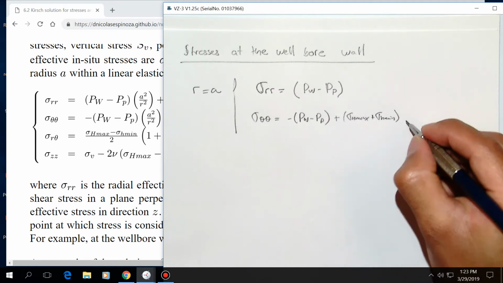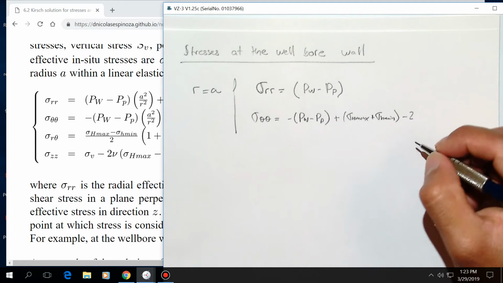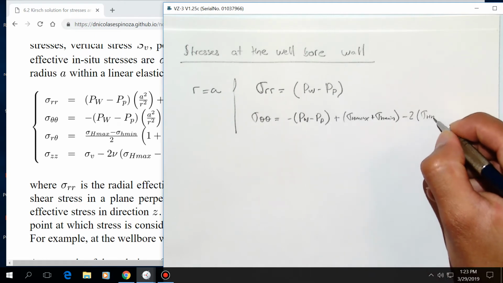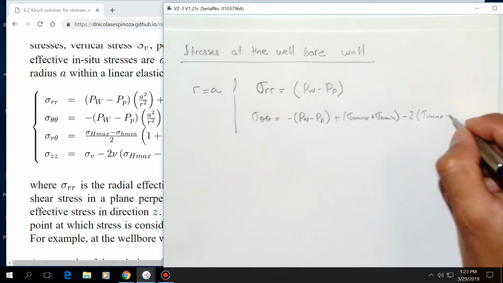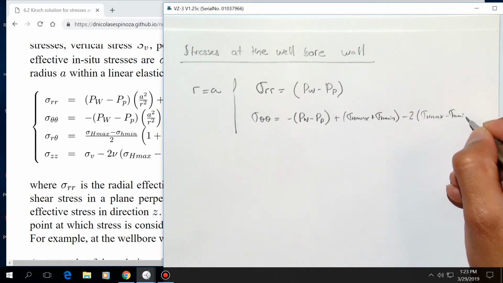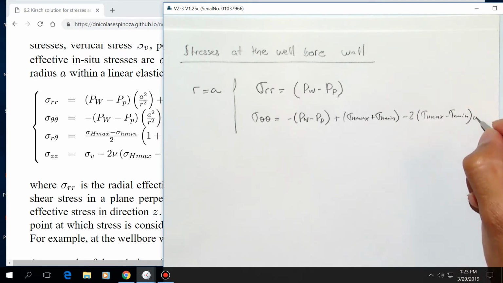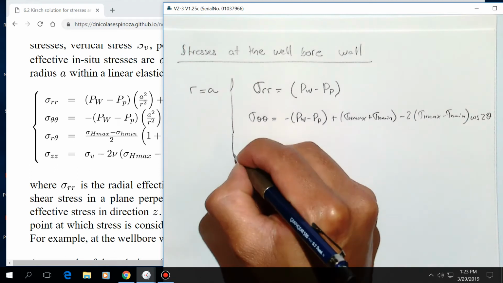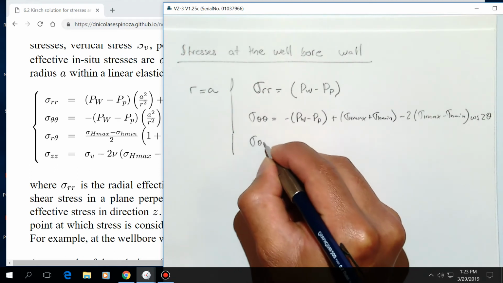In the other one we had 4 divided by 2, so that's negative 2 times sigma h max minus sigma h min, times the cosine of 2 theta. And these are the stresses at the wall of the wellbore.